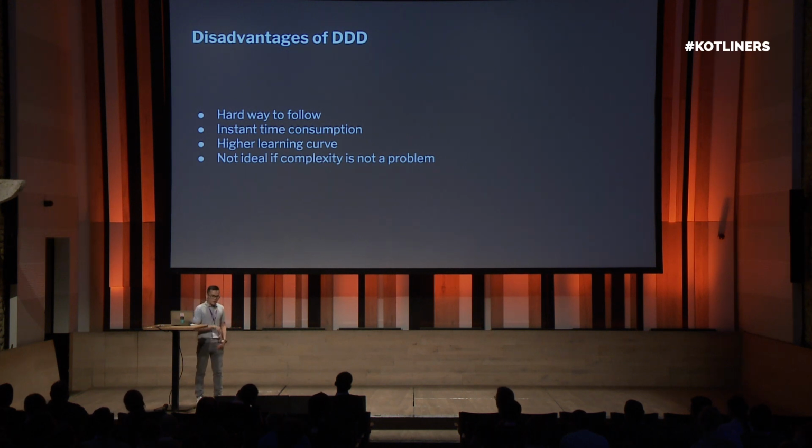That's why it consumes a lot of time in the beginning, and you have to learn or teach the stuff about DDD, the best practices, and so on. But if you did that, it works just perfectly.